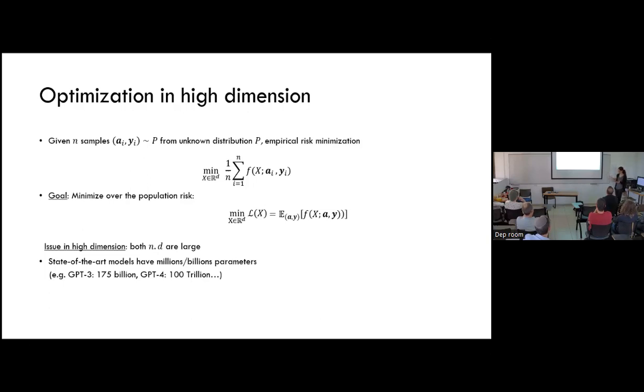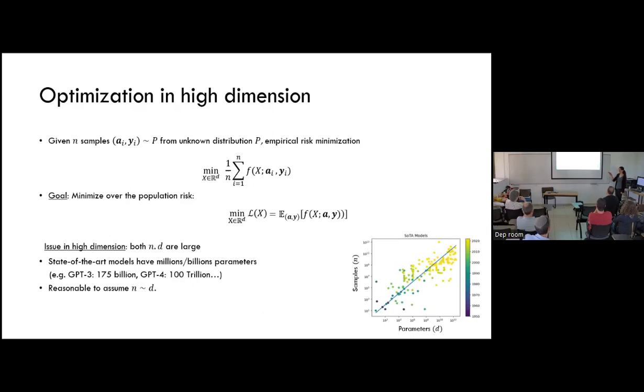The number of parameters that you have today for algorithms is around the billions and sometimes even trillions. This is really what is actually being done today. The number of samples N is also very large. They are proportional. Usually, you can assume that they are proportional to one another. That's a reasonable assumption to make, and this is the regime that I will be talking about today.